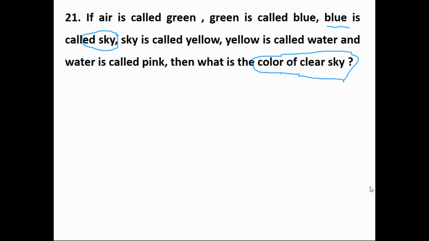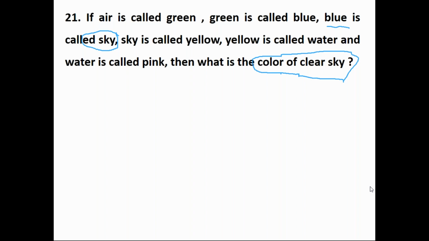So tomorrow, same time, for these 10-15 days, don't be absent because some important topics like percentages, mensuration, areas and volumes, permutations and combinations, probability are coming. So everyone should give your presence.